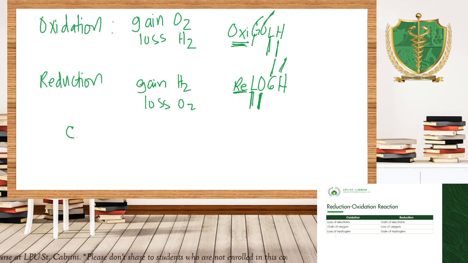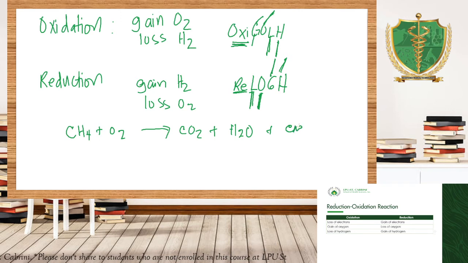Example, we have here the combustion of methane. In said combustion, definitely oxygen is a reactant, carbon dioxide and water are our products, and heat is the byproduct for energy. Okay. Now who here is oxidized? Who here is reduced?